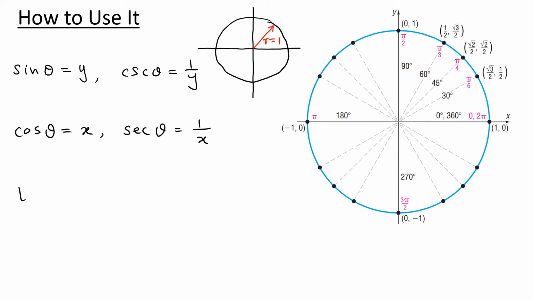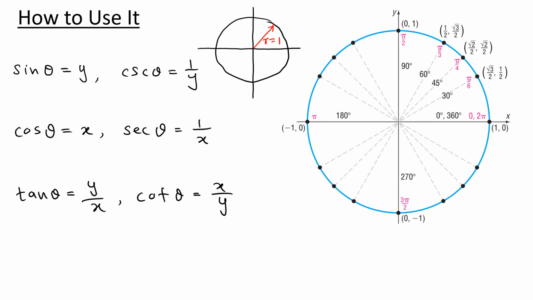And then for tangent, you can see that tangent is simply the y coordinate over the x coordinate, and the cotangent theta equals the x coordinate over the y coordinate if it exists, because sometimes you need to avoid dividing by 0. So this is how you can find all those ratios just using the x and y coordinates.